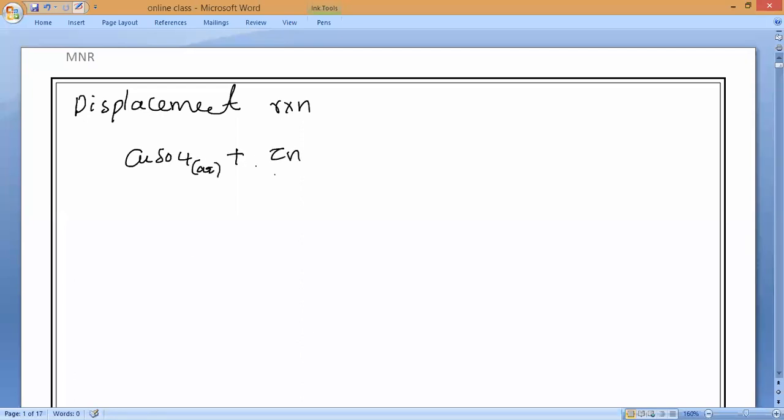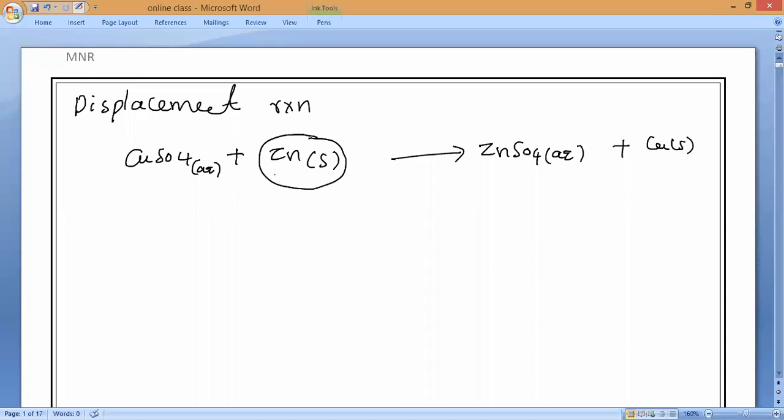Copper sulfate is in the aqueous state, zinc is in the solid state, and they will give zinc sulfate and copper. In any displacement reaction, the element present in the free state must be more reactive than the element present in the compound. Then only the reaction will take place.